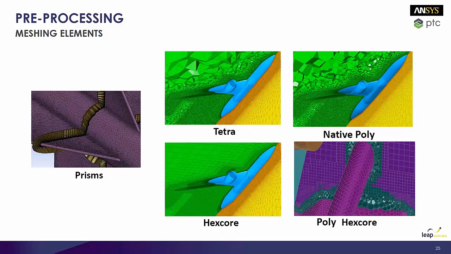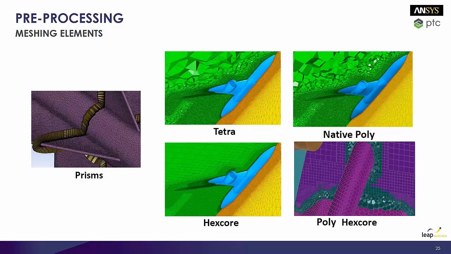Then afterwards we've got hex core. What this does is that you can apply inflation, so prism layers and TETs on the surface, and then it fills the volume with a hexahedral element, which is computationally more efficient, and you'll take less time overall.